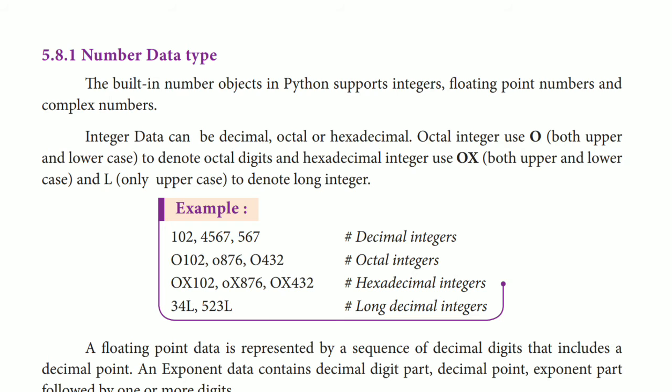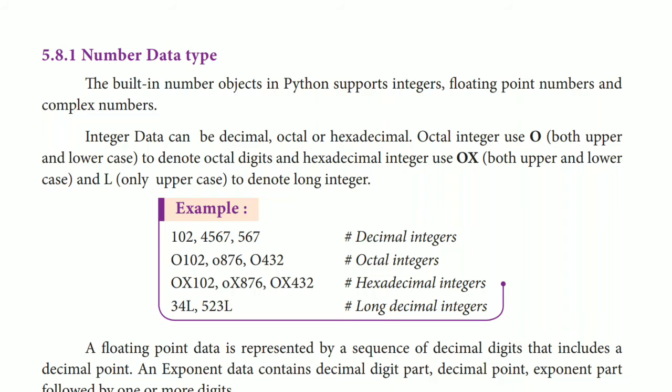Next, capital OX or small OX can be used to denote hexadecimal numbers. Next you can see large integer. If you want to denote a very large integer, then you can use this L at the end of the number.